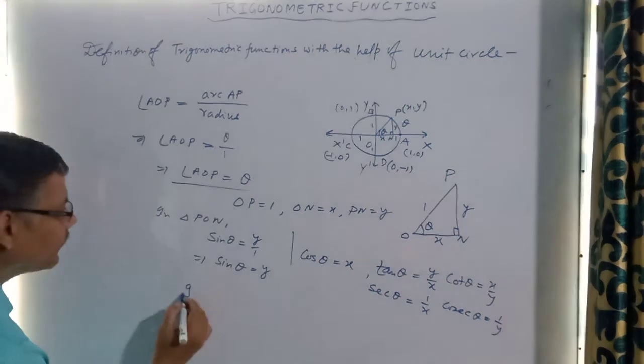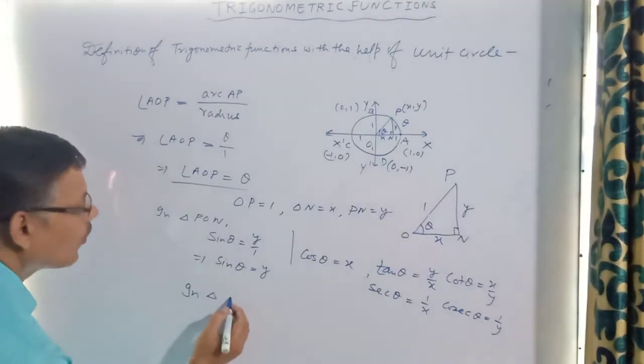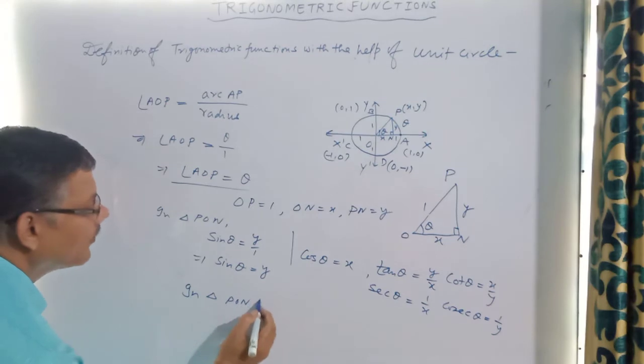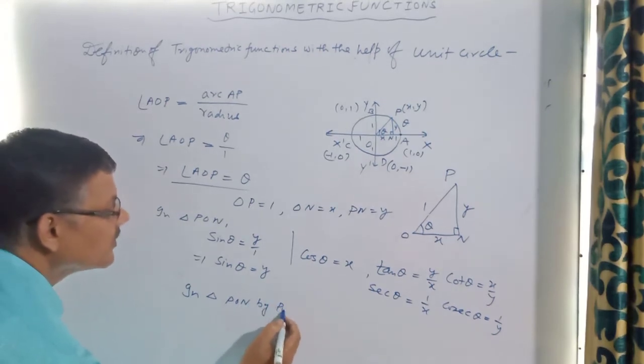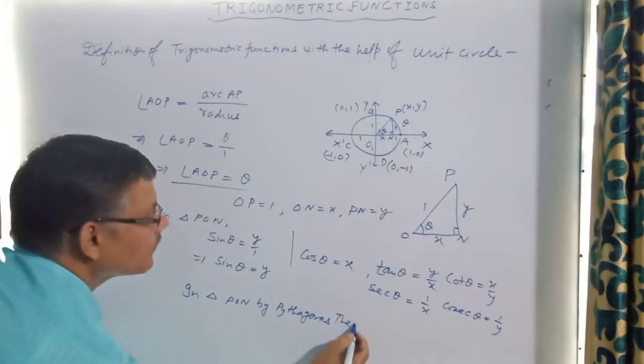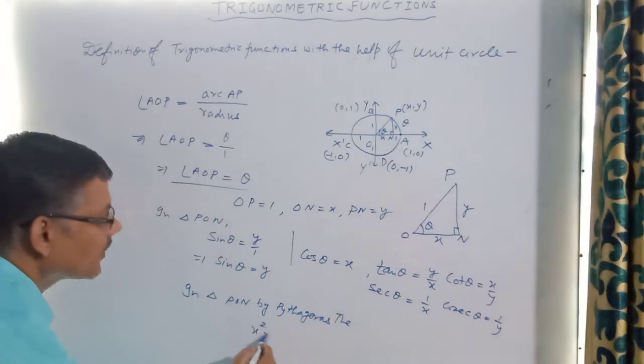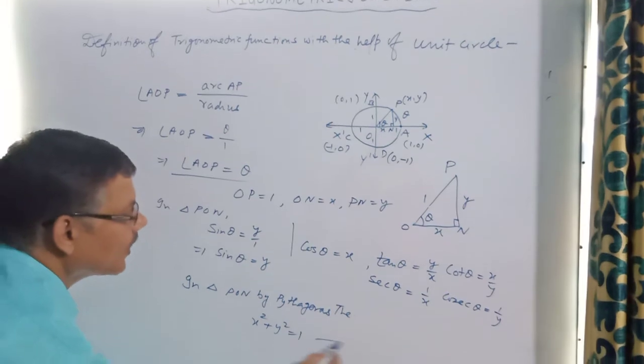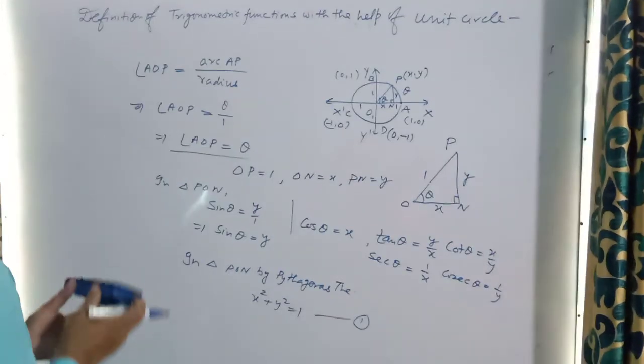Now in triangle PON, by Pythagoras theorem, we get x square plus y square equal to 1. It is equation number 1.